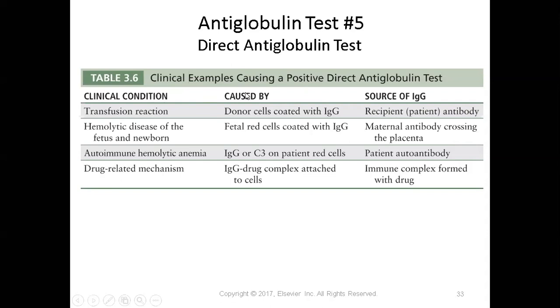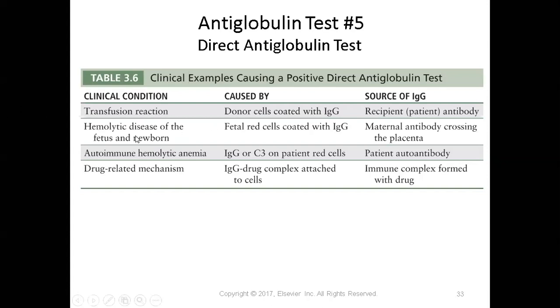And so the recipient has an antibody that's directed against some antigen on these donor red cells. And so their antibody said, hey, that's my target, and linked onto them. So that sensitization happened in vivo. That's a transfusion reaction. It could be due to hemolytic disease of the fetus and newborn, which we'll spend a lot of time talking about later, okay?